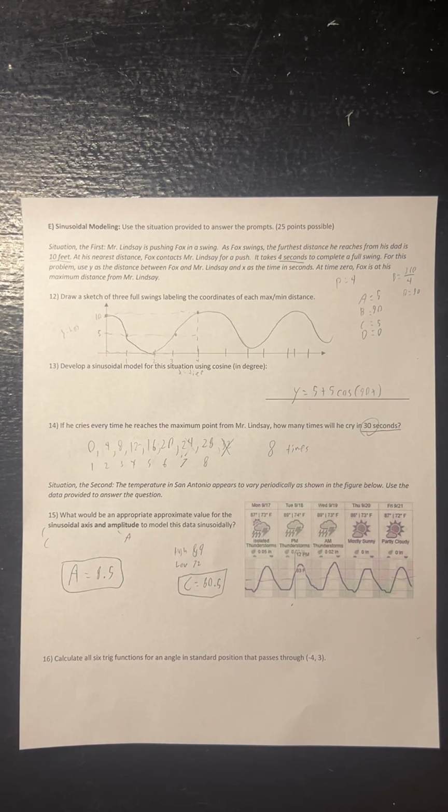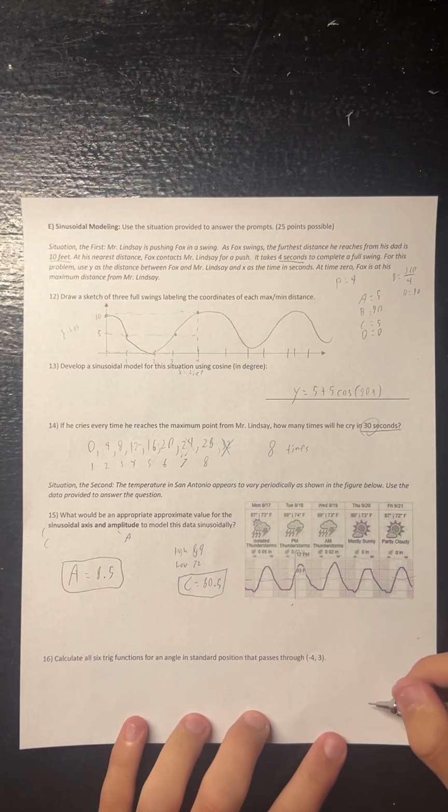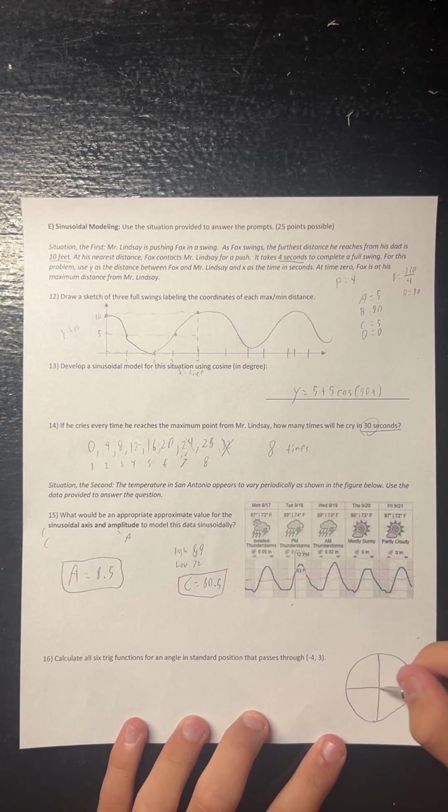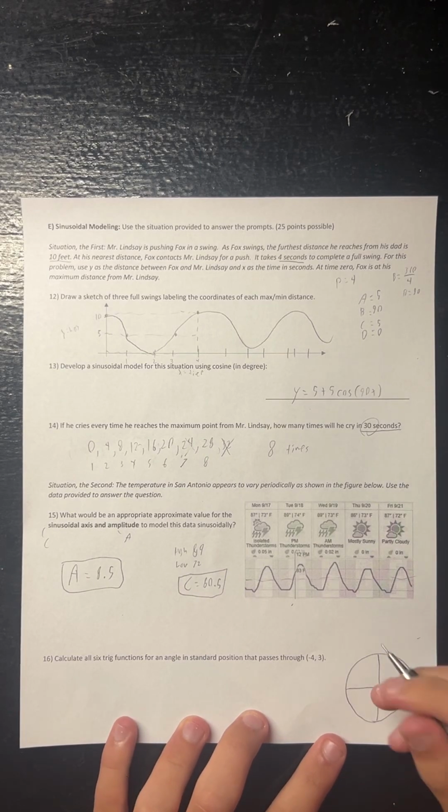Finally, the last question asks to calculate all 6 trig functions for an angle in standard position that passes through -4, 3. So our first step should be to draw a regular circle. This coordinate is -4, so this is on negative 1, 2, 3, 4, and 3, so 1, 2, 3.